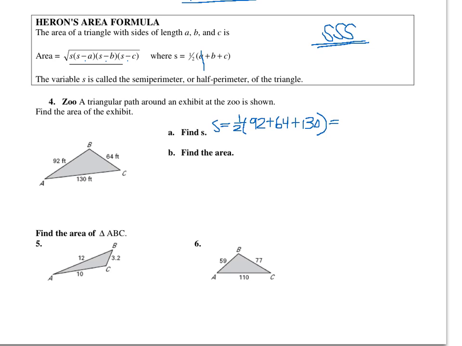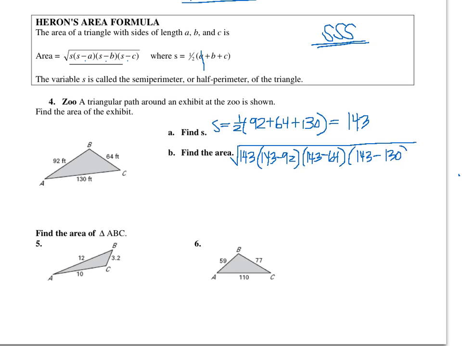We stick this in our calculator, and what you end up getting is 143. In order to find the area, you take your s, which is 143, and multiply it by that minus one side: 143 minus 92, 143 minus 64, and 143 minus 130.